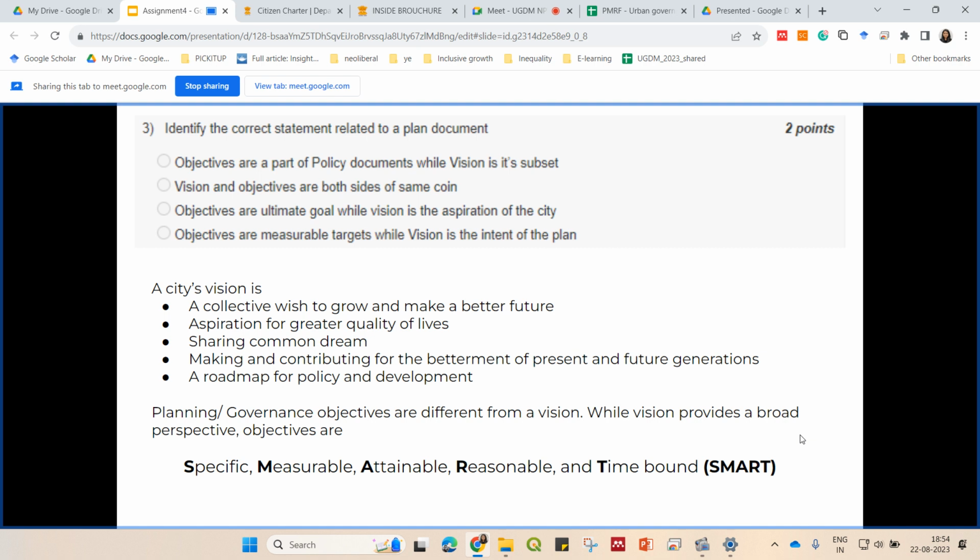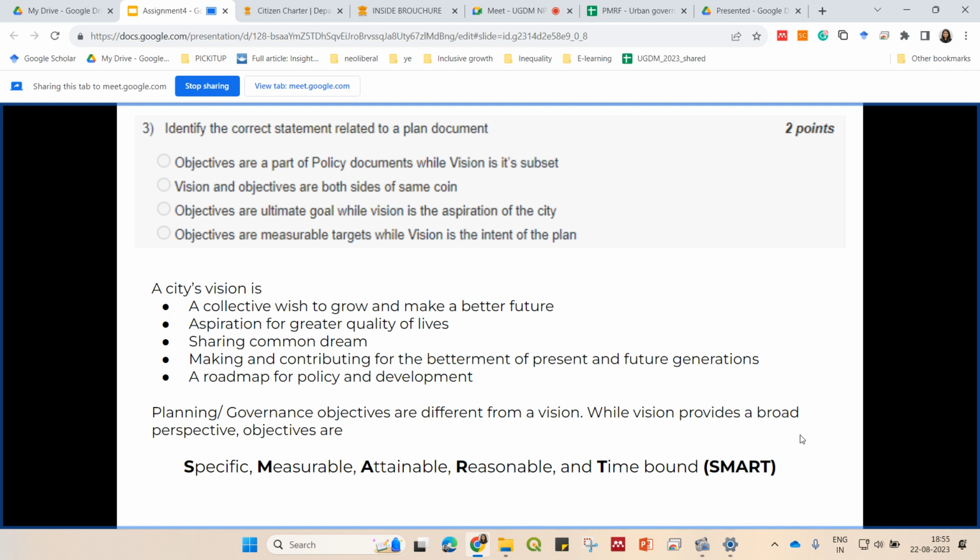Fourth is that it should be reasonable. So the city shouldn't follow a vision which is not reasonable for the city. It should follow something which is actually reasonable, which actually has been evolved from rational reasoning of the needs or demands or wishes of the citizens and has a commonality.